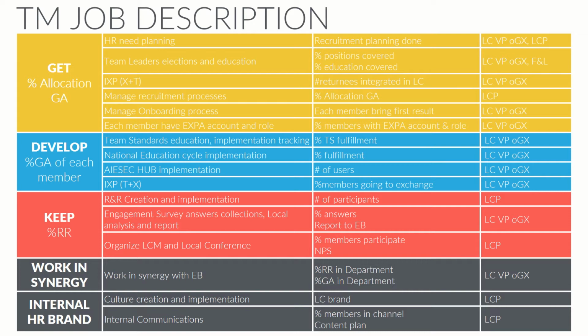How can we measure it? Each member brings first results. Why exactly this and not percent of education covered? First, because this makes us sure that it was quality education, because you can also cover education in different ways, and if you covered it in one way just to make it covered, people probably will not understand, or it will be only theory, so it will not help members to work anyhow.